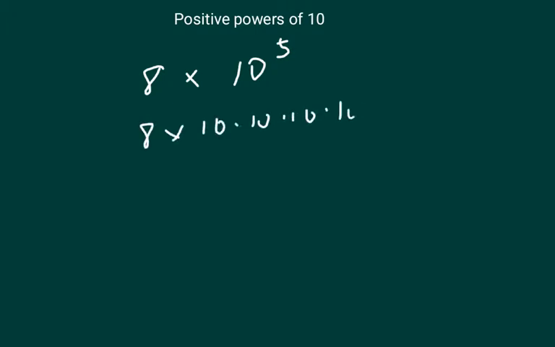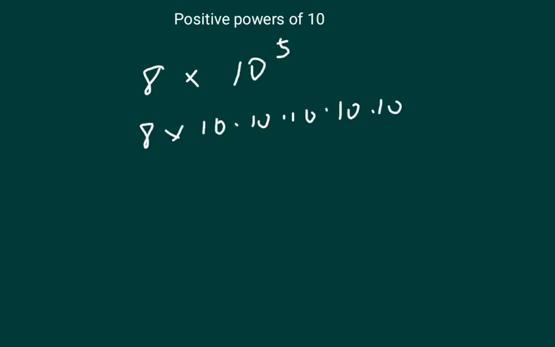If you have a positive power of 10, that's going to be representing a number that's greater than 1. So let's just say 8 times 10 to the 5th power. I'm just using a small example to make a point here. This would be 8 times 10 times 10 times 10 times 10 times 10.